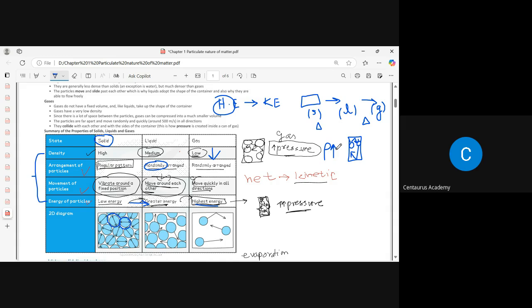So this kinetic particle theory will be asked in this dimension.